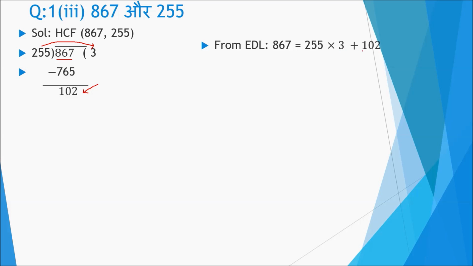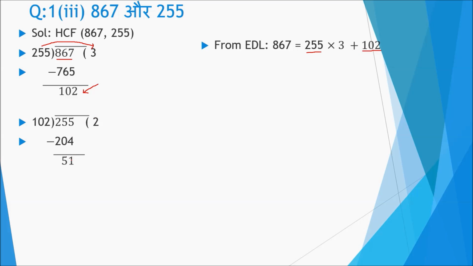In the next step, this 102 becomes divisor and this 255 becomes dividend. So now we will divide 255 by 102. We know 102 2s are 204.